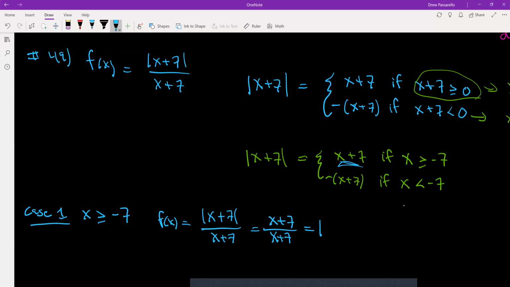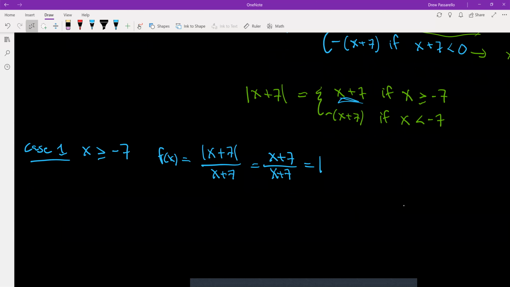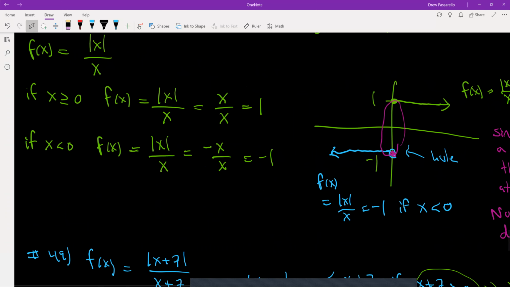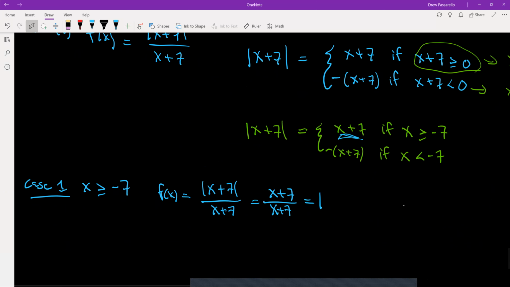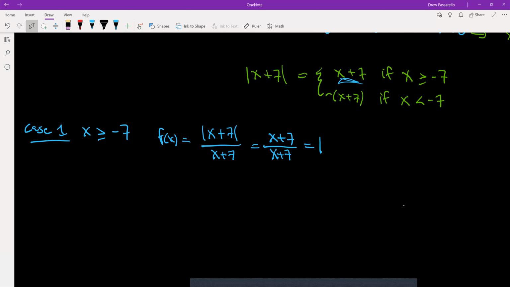So when x is greater than or equal to negative 7, the graph will simplify to be just 1, like how I handled this, where it equaled 1 and it was this horizontal line at 1. So this is going to be the same thing. We're going to have a horizontal line, y equals 1 when the x values are greater than or equal to negative 7.